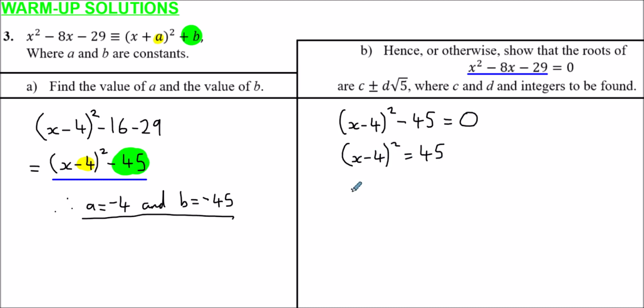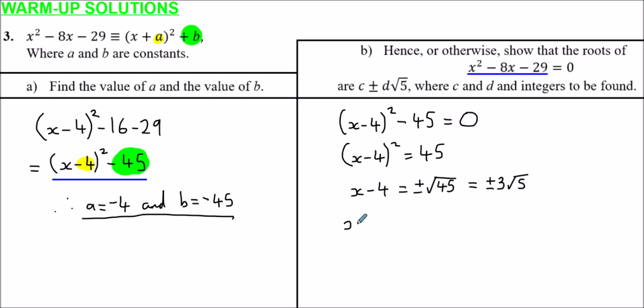Then if we square root both sides, we obtain x minus 4 must be plus or minus the square root of 45. However, 45 has a factor which is a square number, and I'm not talking about just 1 itself. So 45 has a factor of 9. So root 45 is the same as root 9 root 5. But root 9 is 3. So we can rewrite this as plus or minus 3 lots of root 5.